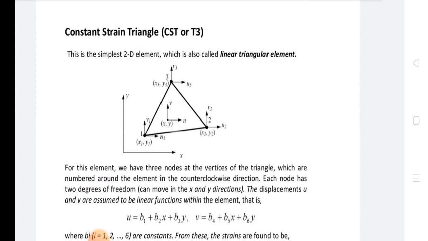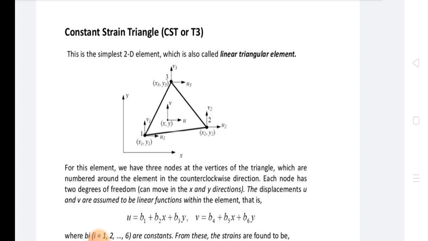So the diagram: x, y, and in this diagram nodes 1, 2, 3 with coordinates x1, y1, x2, y2, x3, y3. For this element, we have 3 nodes at the vertices of the triangle, which are numbered around the element in the counterclockwise direction. Each node has 2 degrees of freedom, it can move in the x and y directions.